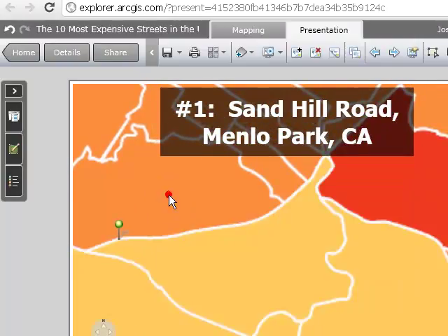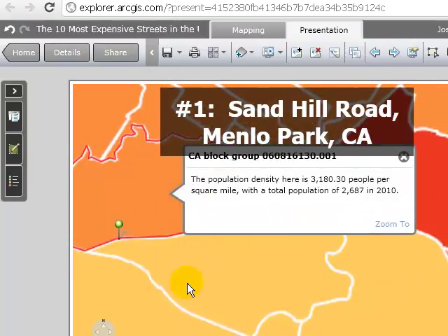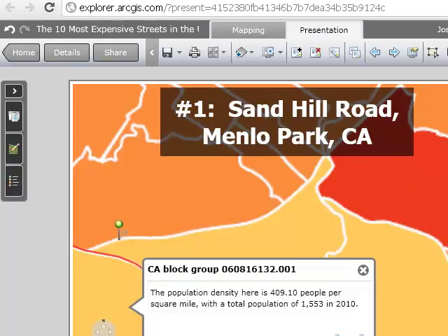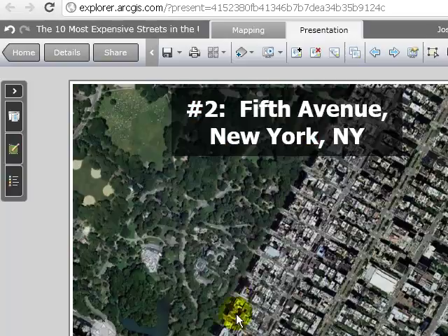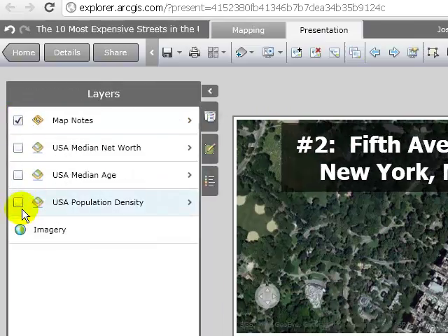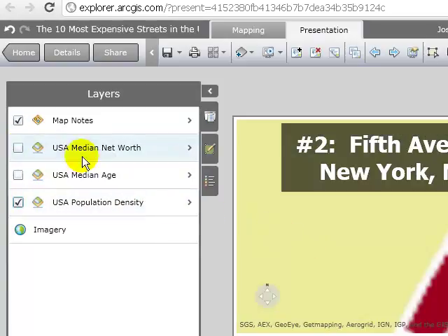It's like 576 people per square mile, 3,000. Go back to unlocking, looking at the layers, population density.